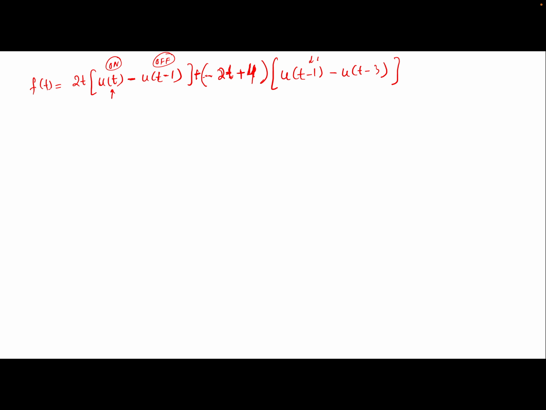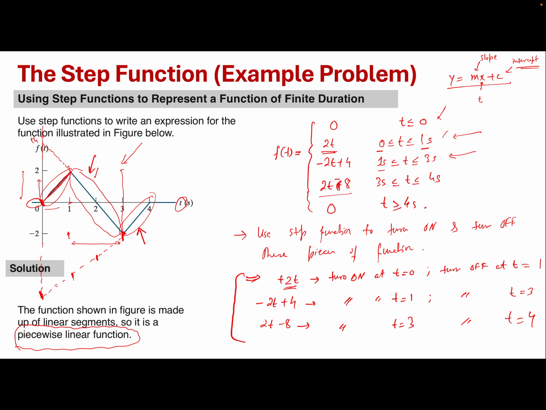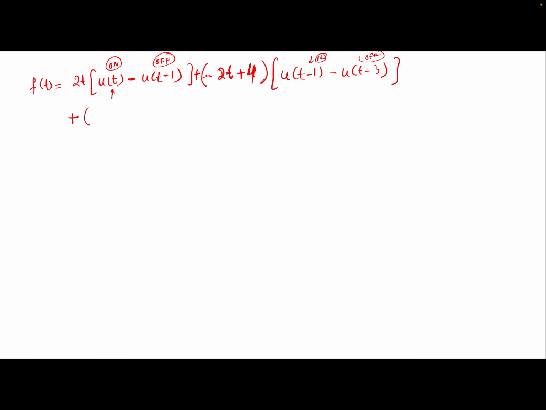Again, this is on and this is off. And then again, you can add another plus. What is the function? 2t minus 8, between 3 and 4. So u of t minus 3 minus u of t minus 4. You can turn it on at 3 and turn it off at 4.